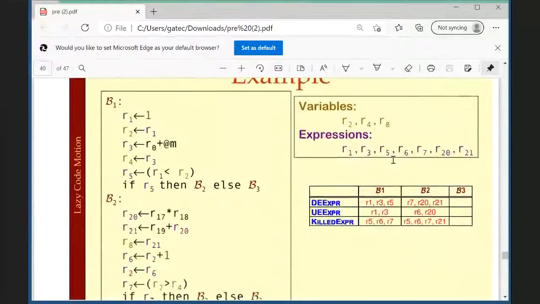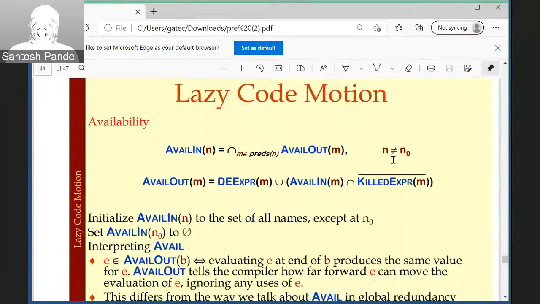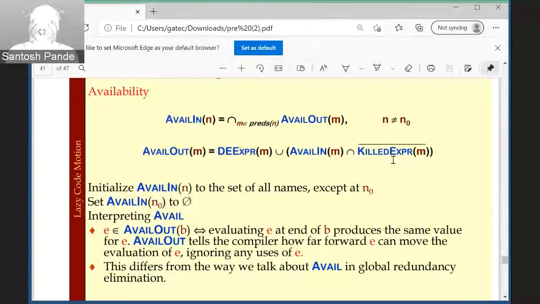Okay, so now we propagate this information, and it's the same exact framework which we used for available expressions, just written in slightly different notation. So when do we say a particular expression is available at a given point? We say it is available when it is available along all paths that are coming into that point.